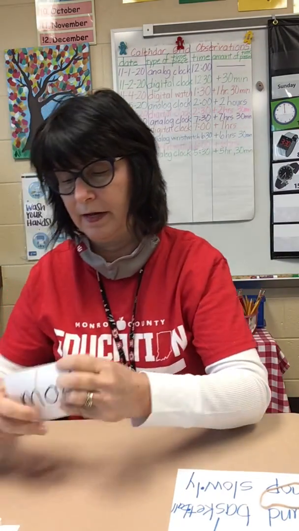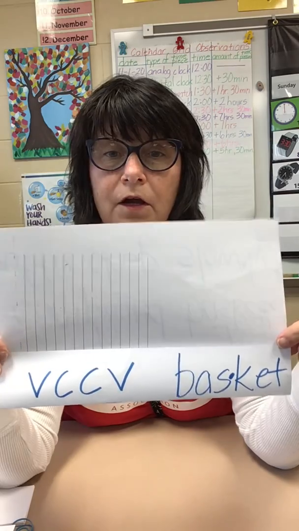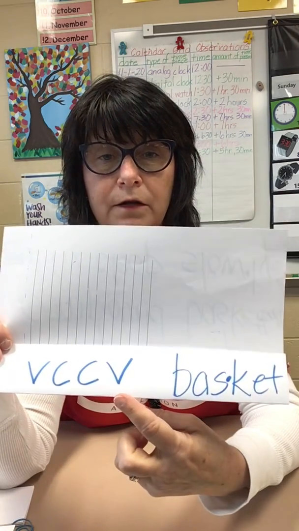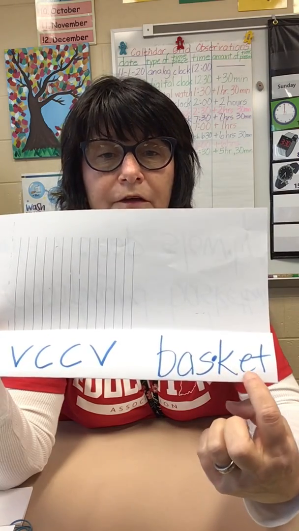Okay, so I have a few reminders for you today. They're all things that we've talked about before. It just has to do with when you come to a word that you think you might not know. There are different things that you can try to sound them out. You could try vowel, consonant, consonant, vowel. Look for that in a word. For instance, in this word, I see vowel, consonant, consonant, vowel.